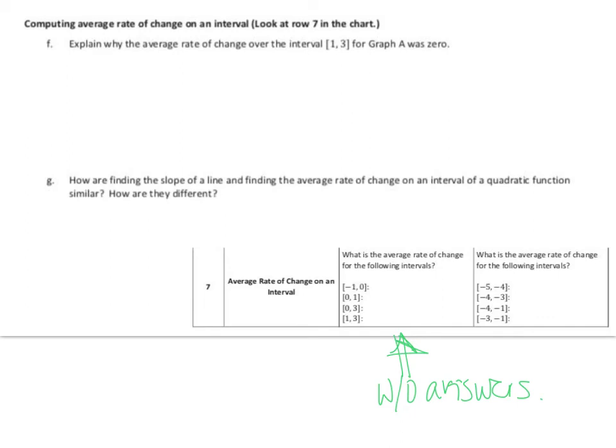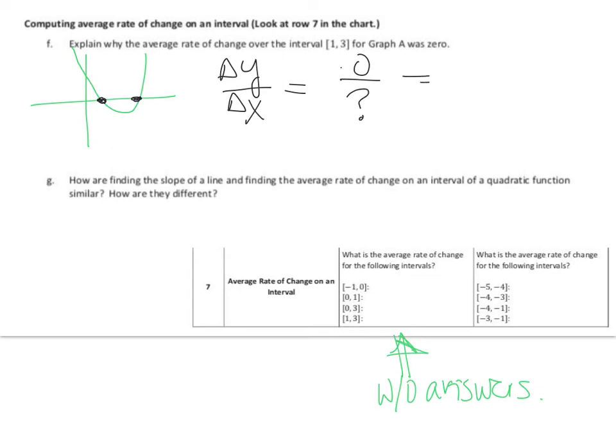So explain why the average rate of change over the interval 1 to 3 for graph A was 0. If you look at where x equals 1 to 3, it was exactly there to there. So when we did our change in y over change in x, the y didn't change. It was 0 over whatever, which equals 0.